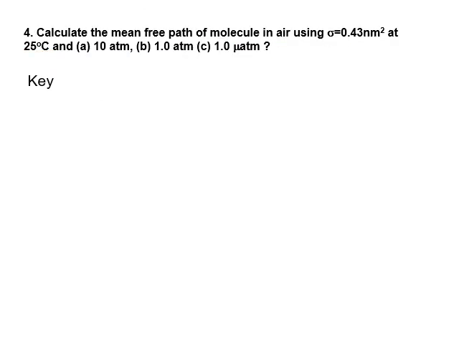Question number 4. Calculate the mean free path of a molecule in air using this cross-section area at 25 degrees, at 10 atmospheres, 1 atmosphere, and 1 microatmosphere. Again, you can easily find the equation for mean free path, which is 1 over square root of 2 times cross-section area times number density, and number density is pressure divided by kT.